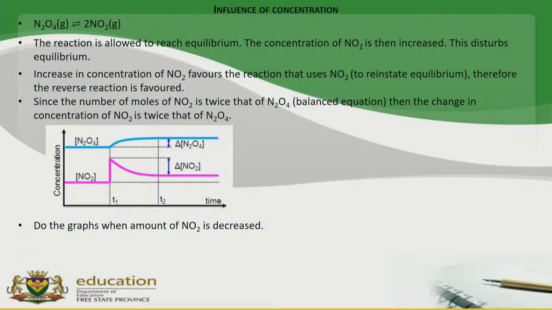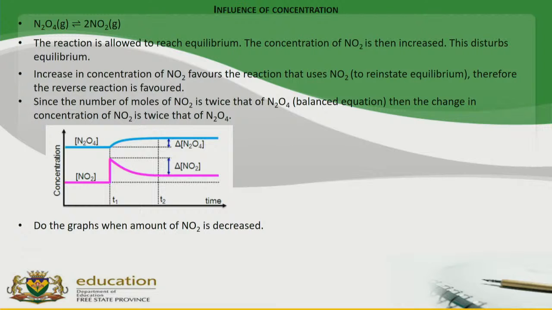And then at equilibrium, what do you do? You increase the concentration of NO2. Remember, we said when you change either concentration, temperature, or pressure, the equilibrium is disturbed. Now, what does the system want to do? Since you have increased the concentration, the system wants to oppose what you did. It means the system will want to decrease the concentration of NO2.